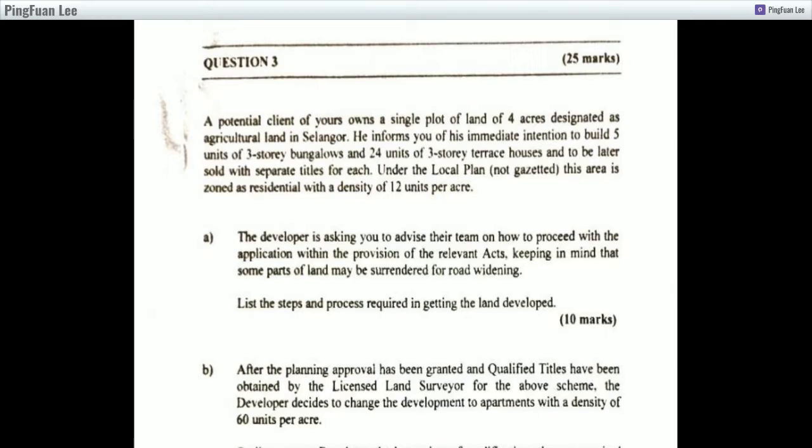Because he's asking for getting the land to be developed. Is that what it means? Okay, until getting the land developed, I think, up to QT, QT or not, this one I can't say.